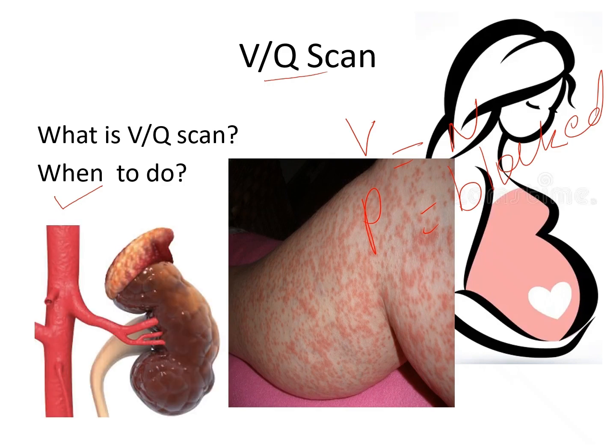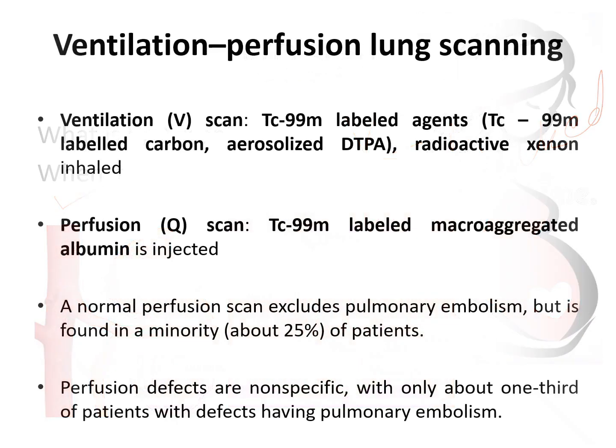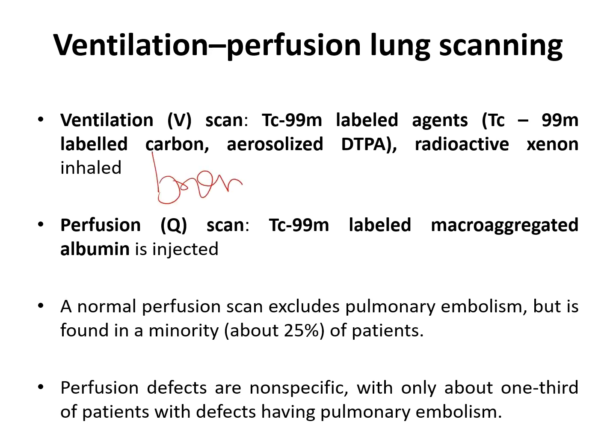allergy, and renal failure. Ventilation perfusion lung scanning: ventilation is done with technetium-99m labeled agents like carbon or aerosolized DTPA or radioactive xenon inhalation. These radioactive substances deposit on the bronchoalveolar wall, and they show the area of ventilated lung.